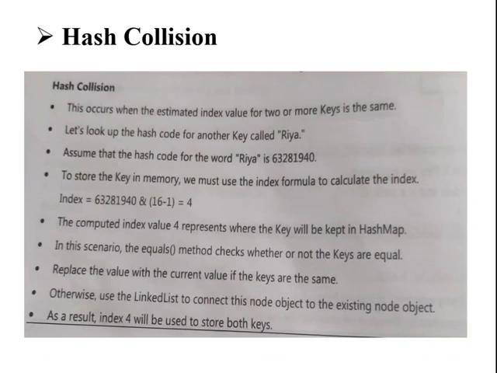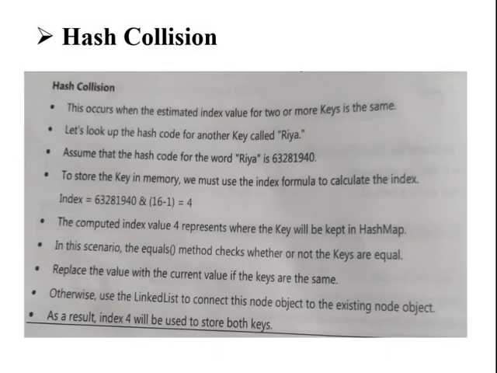To store the key in memory, we must use the index formula to calculate the index, that is index = hashCode(key) & (n - 1). That is index = 6328190 & (16 - 1) = 4. The computed index value 4 represents where the key will be kept in the HashMap.